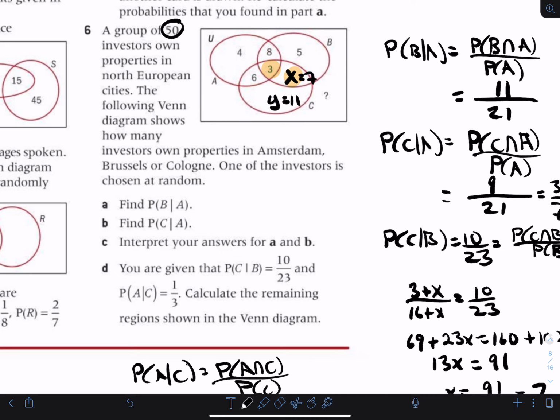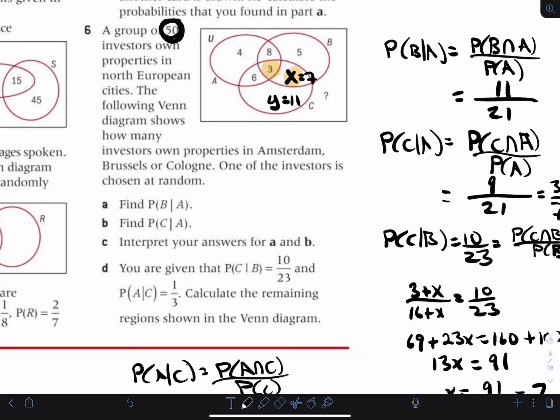And then to find out the last one, I'm going to go back to this bit of information, the 50. This all has to add up to 50. So I'm just going to take 50 and subtract all those bits. So 4, 8, 3, 6, 5, 7, 11.